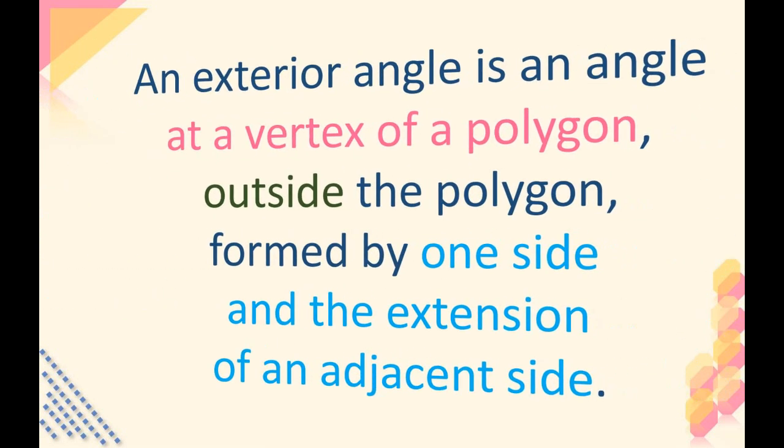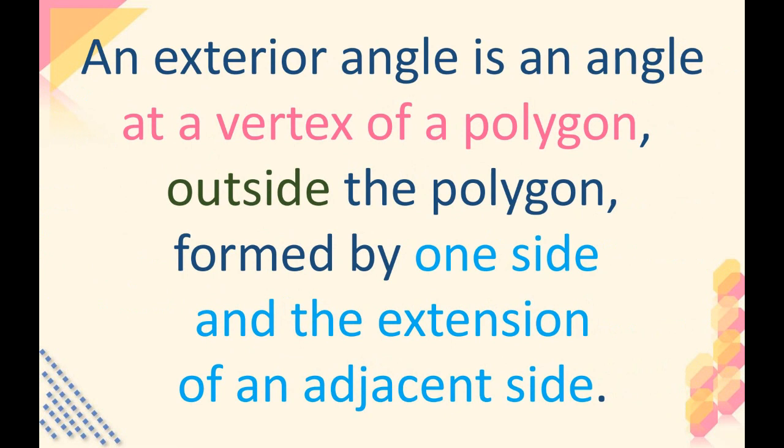An exterior angle is an angle at the vertex of a polygon, outside the polygon, formed by one side and the extension of an adjacent side. Can you differentiate them using your own words? Please write them down in your math journal.